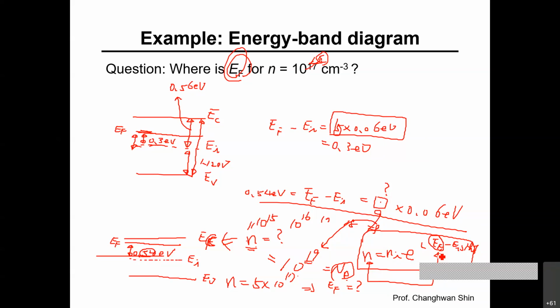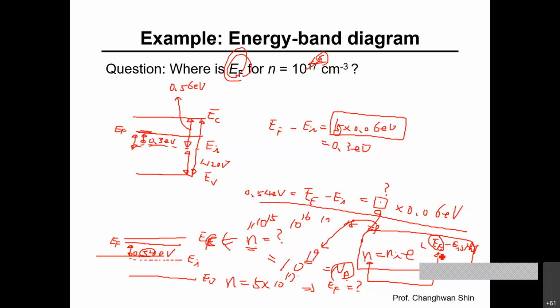Afterwards, we derived a complicated equation to associate the doping concentration or electron and hole concentration with the position of the Fermi energy level in the band diagram. So now in this example, we have combined all the concepts that we have learned from the first week to the fourth week.